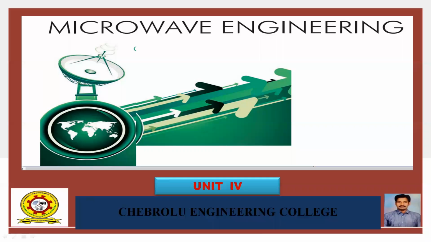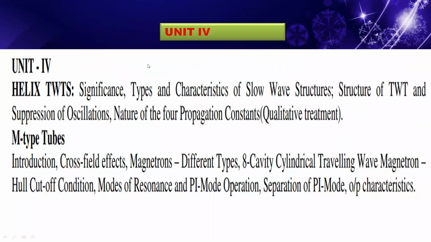Microwave engineering, unit number 4. This is the brief index as per JNTUK. Part 1: traveling wave tubes. The structure of the traveling wave tube.